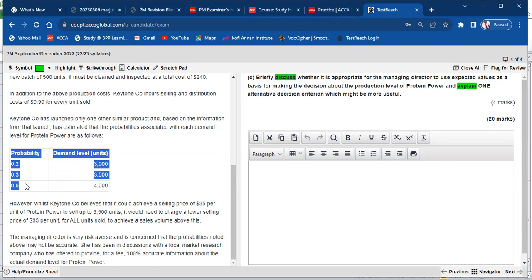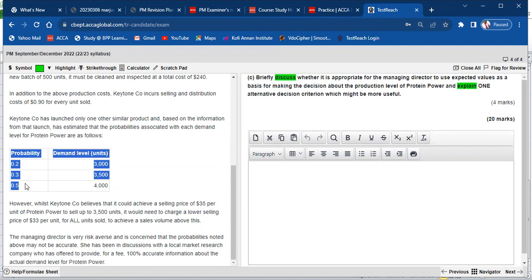So in my discussion, I'm saying that for the reason that 1, this is not a one-off project; 2, the manager is risk averse; 3, the manager has knowledge of probabilities. Because of this, the use of expected values is appropriate. However, this should be used with care, as there are doubts over the probability numbers. I've answered that question.